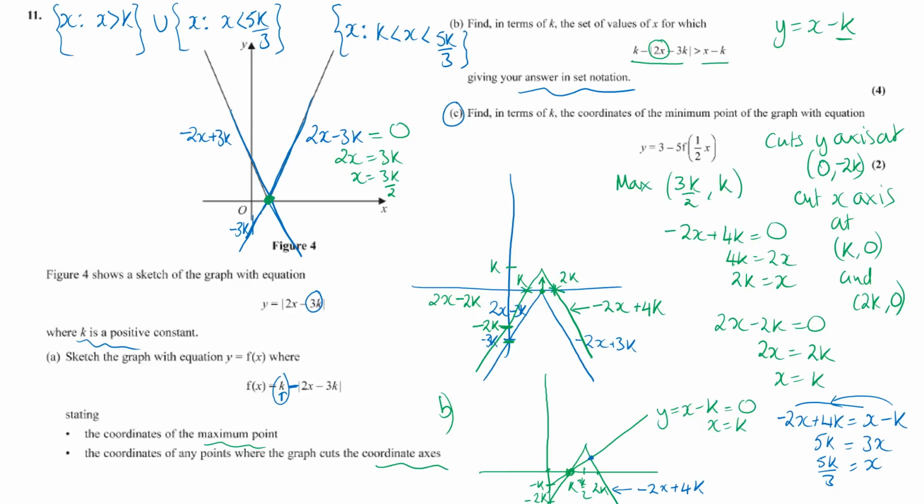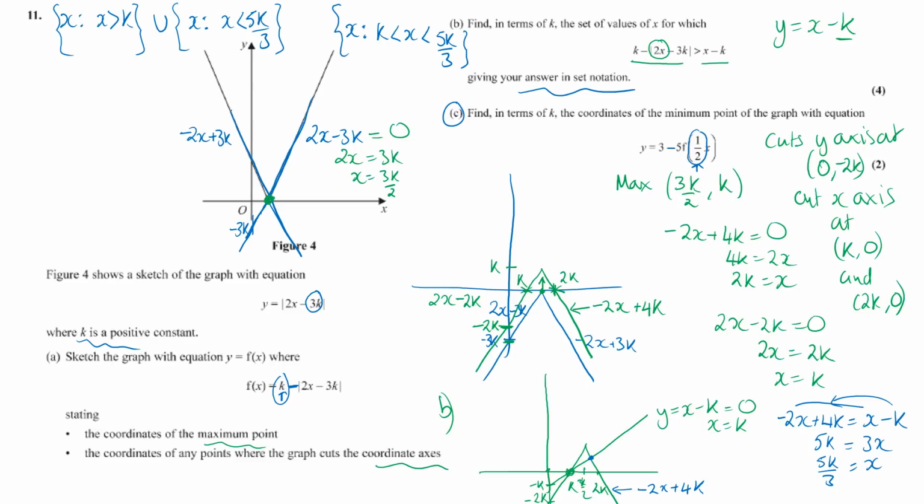Part C. Find in terms of k the coordinate of the minimum point of the graph. Well, here we've got our f of x, but it's half x. So when you have a half inside, the effect of this half is going to double all the x coordinates.